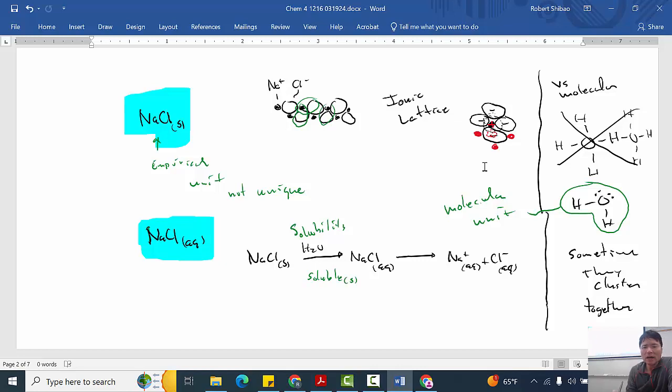S. We have other terms for this. We have things that are slightly soluble, SS, and insoluble.